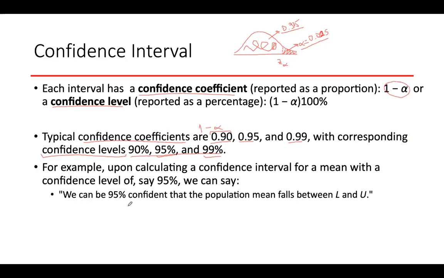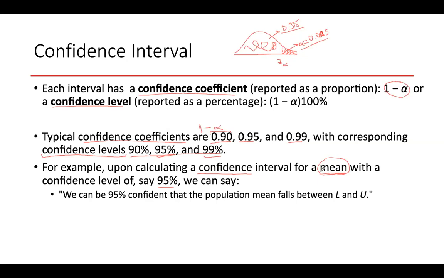So, what are we saying when we say confidence interval is 95%? Bakın, upon calculating a confidence interval for a mean, what are we trying to do? I am trying to find out a confidence interval for my population mean. Okay? I don't know exactly the population mean, but I'm trying to estimate it.